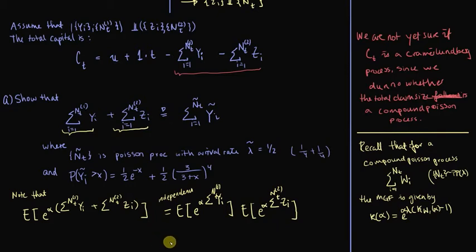Okay, so that's nice. And then what you have here is just one moment generating function of a compound Poisson process, and in the second one you have the other moment generating function on the second line of business.